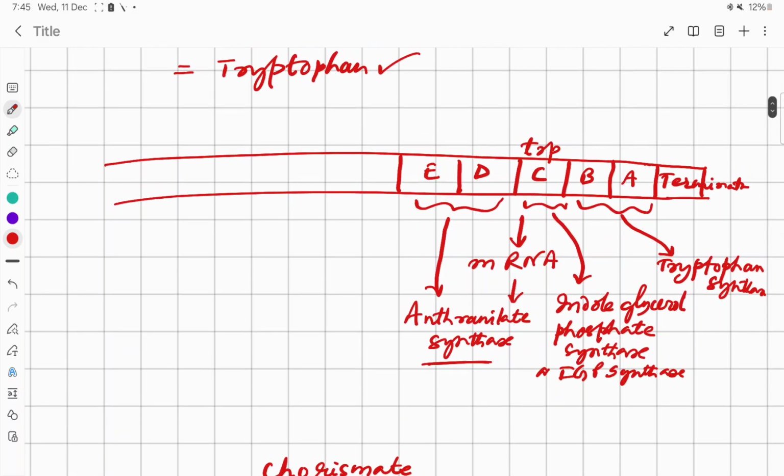And there is a regulatory gene called TRPR, which produces the suppressor protein, which is actually inactive.